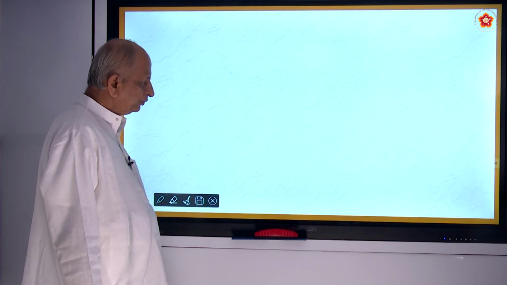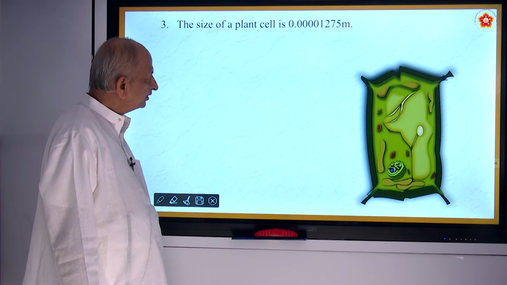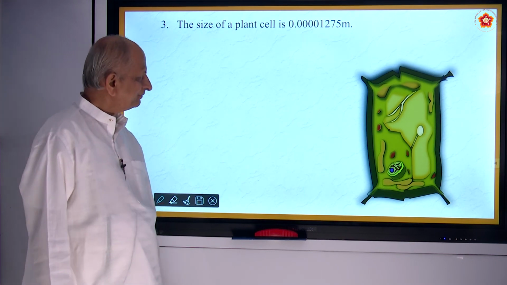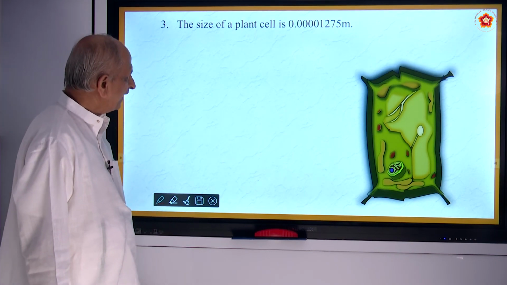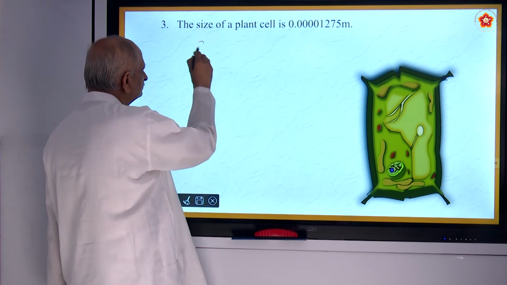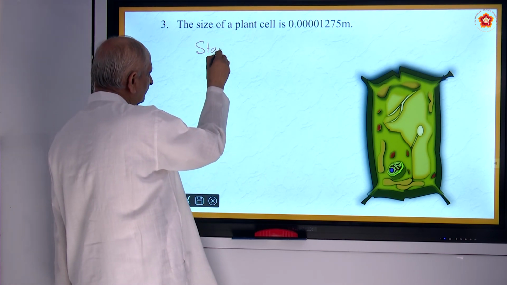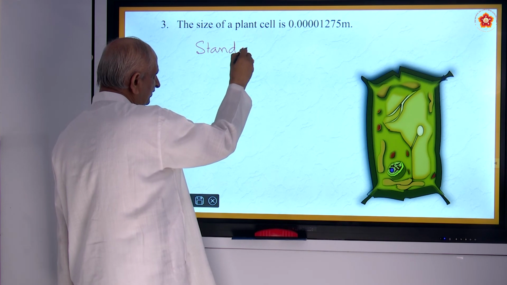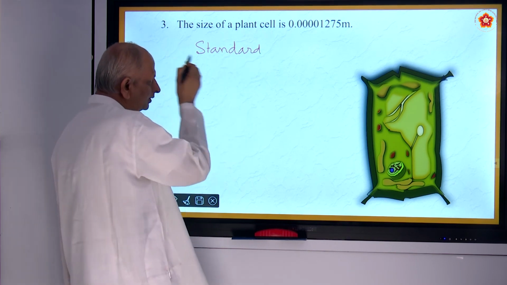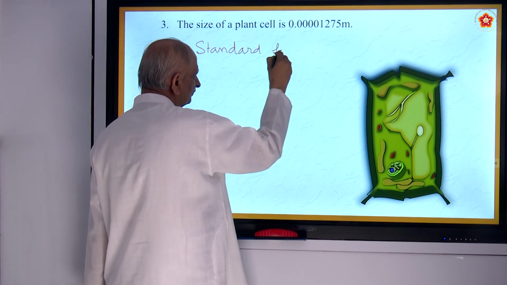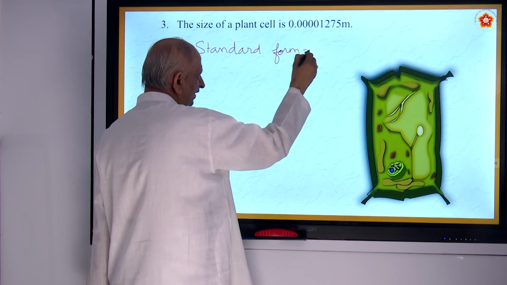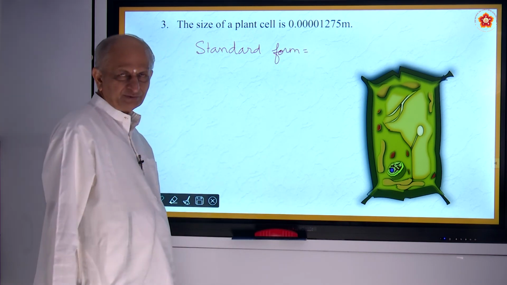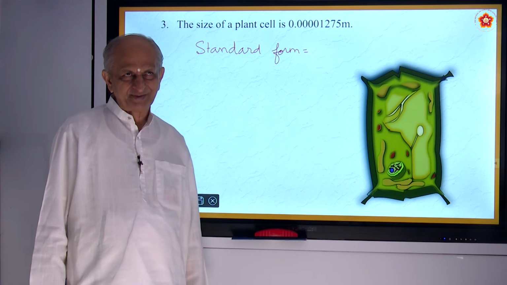Now we will come to one more thing, that is called plant cell. Size of a plant cell. There are 2 types of cells, one is called animal cell and another one is plant cell. So cell is a very small part, smallest part of a plant.